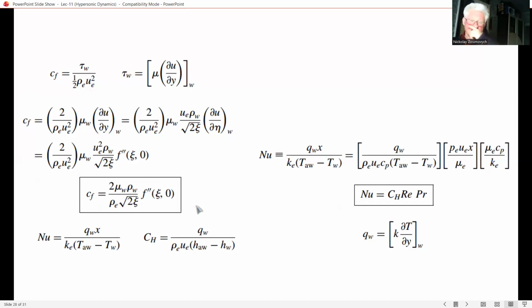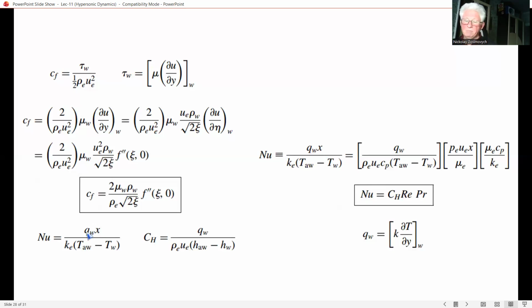The local heat transfer coefficient can be expressed by any one of several defined parameters, such as the Nusselt number, Nu, and the Stanton number, Ch, defined as follows in two expressions.